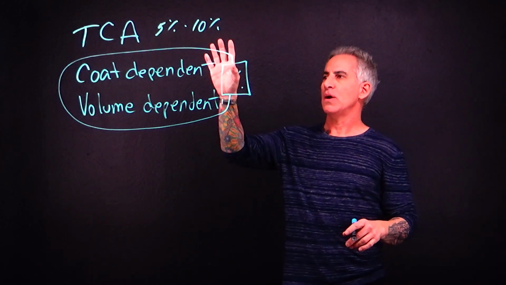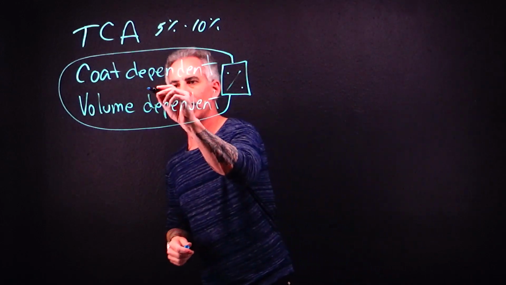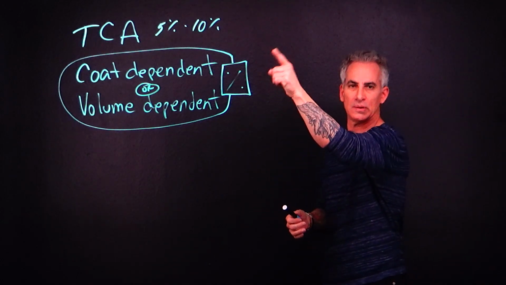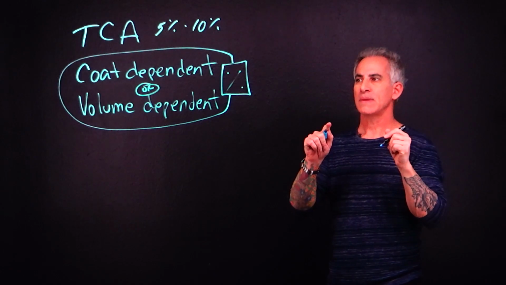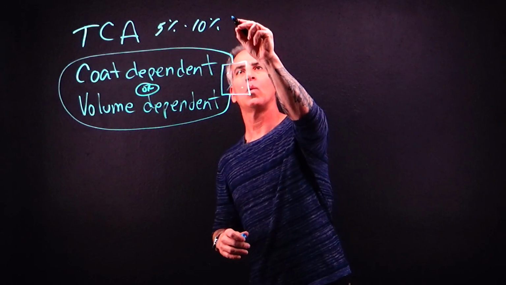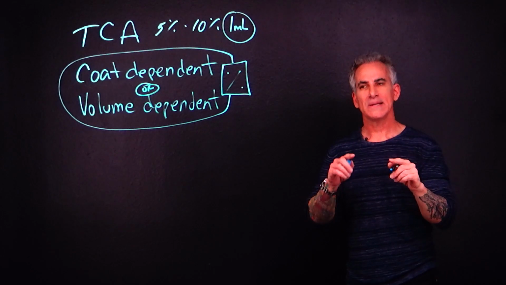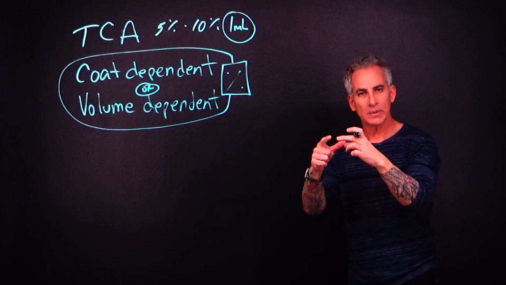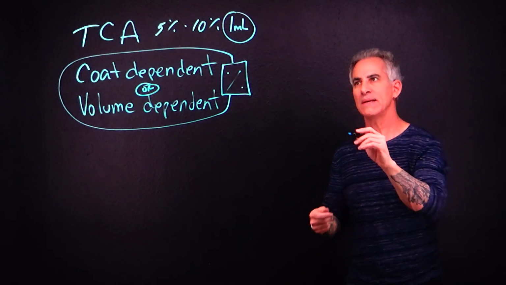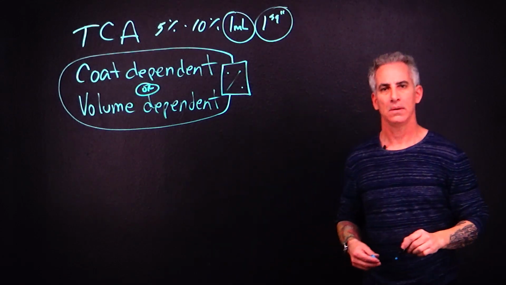Okay. The 5 and 10% within the serine line, coat dependent or volume dependent, you get the idea as it relates to the percentages. So the volume or coat is always going to be, for this discussion, 1 milliliter. And the area that we are going to treat within the skin, so that I can keep you on the same page with me, is 1 square inch.